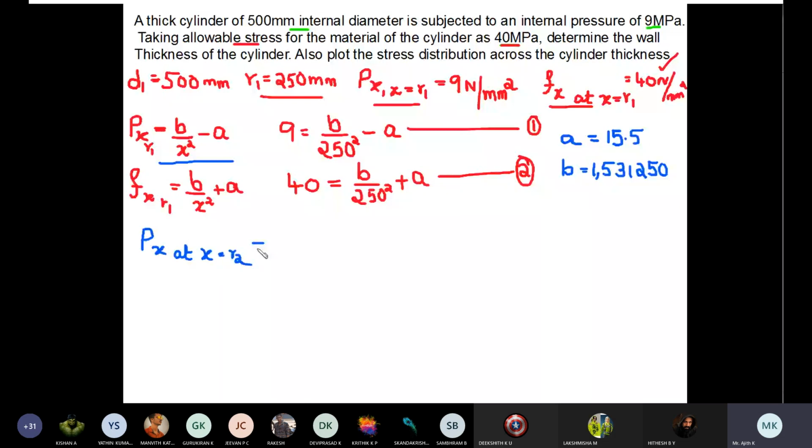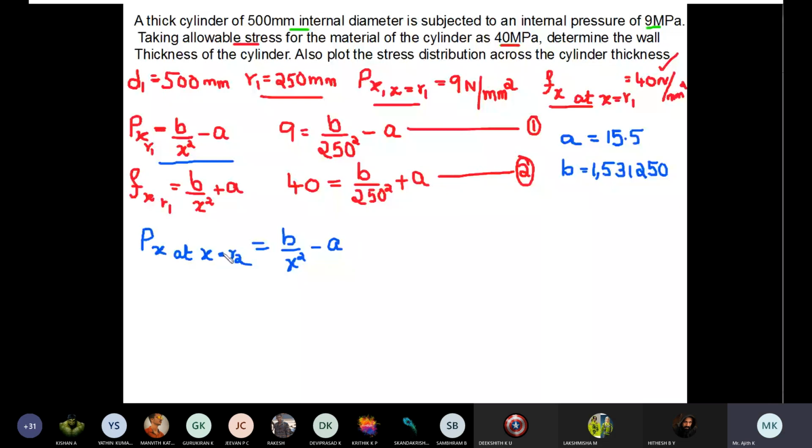This is equal to B divided by x square minus A. Px means it is fluid pressure.